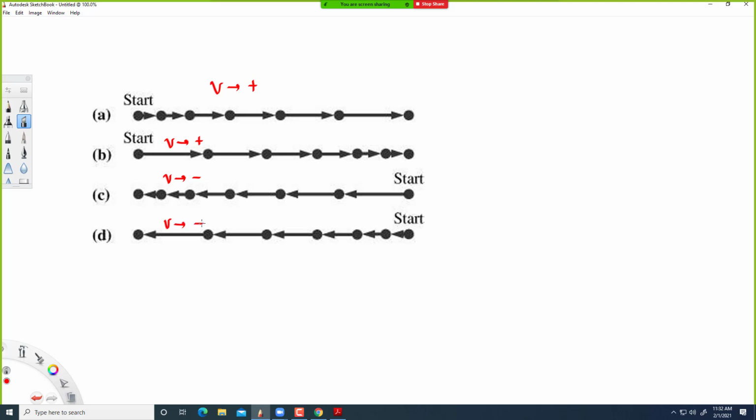So that's the direction of velocity. And then here, it's speeding up because the arrows are getting longer and longer. So acceleration must be positive. When it's speeding up, velocity and acceleration have the same direction. This one is slowing down.